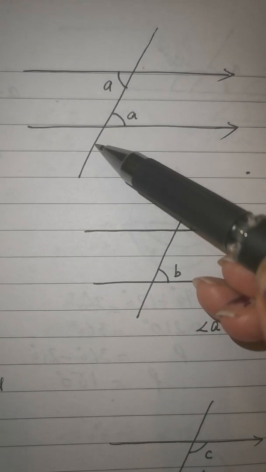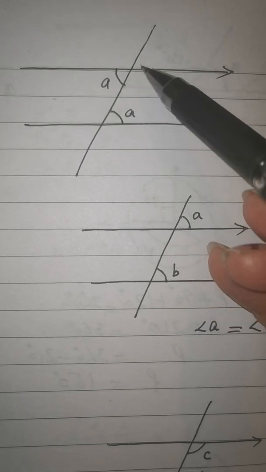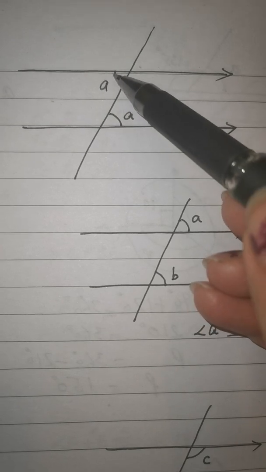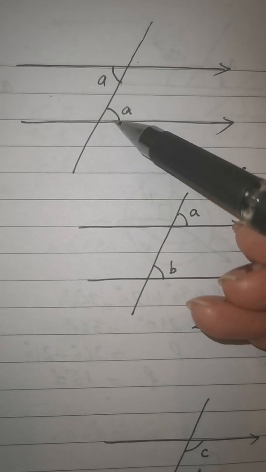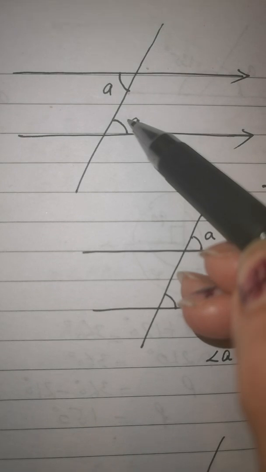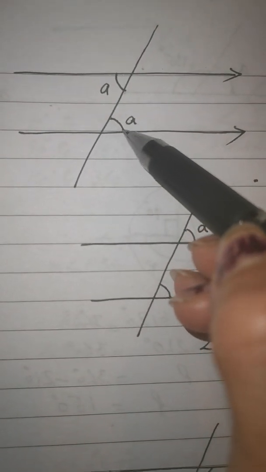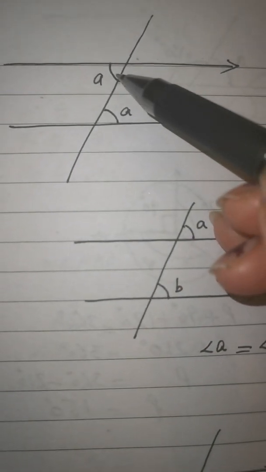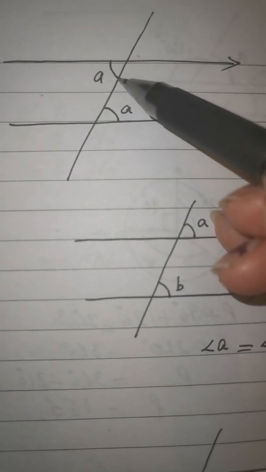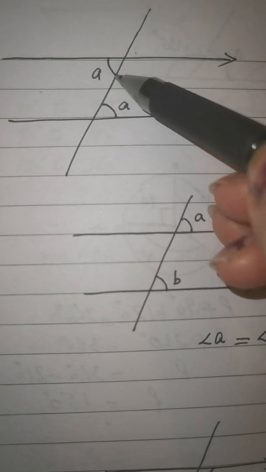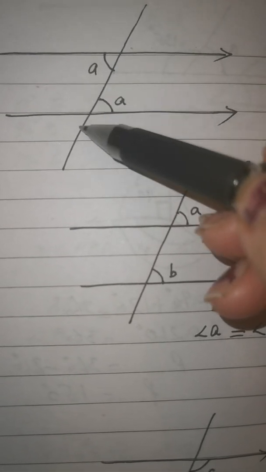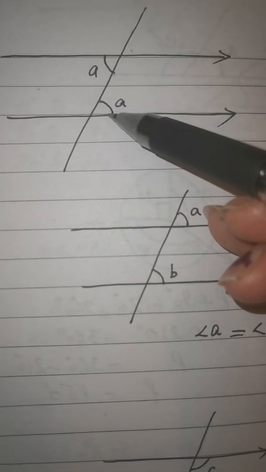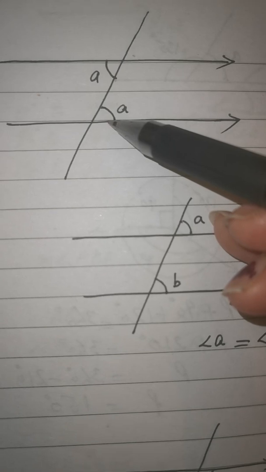This transversal is cutting two parallel lines, and the angles are opposite on both sides of the transversal. If I take this angle made with this transversal by this parallel line, then the angle of the other parallel line will be in the opposite direction with the same transversal, right? So these angles are equal, always remember, and these are called alternate angles.